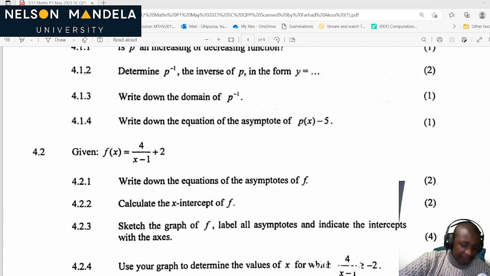Now let's proceed. You can see that we are rushing because this is easy, guys, if you follow us properly. Let's look at question 4.2. We are given f of x equal to 4 over x minus 1, plus 2. This is a hyperbolic function.